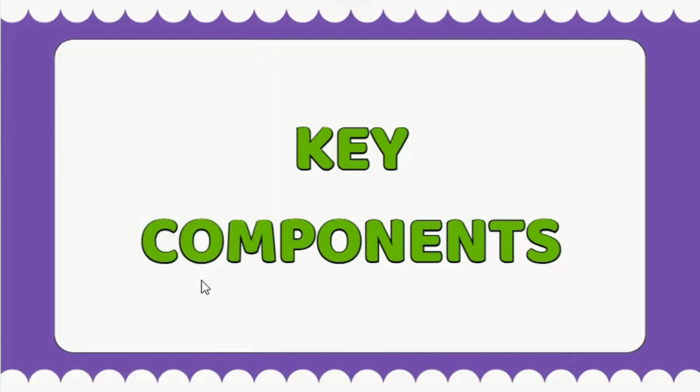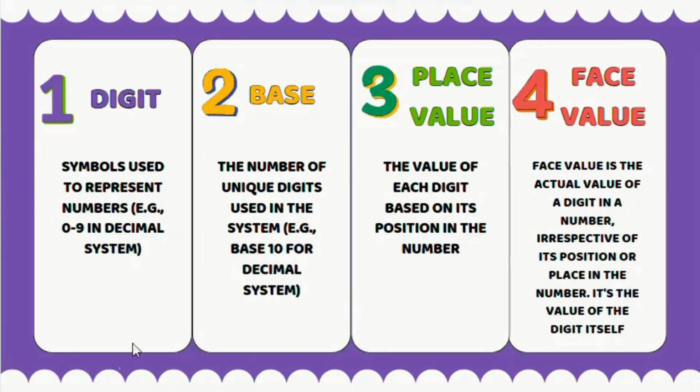They are as follows: digits, base, place value, and face value. So let's break it down with examples.